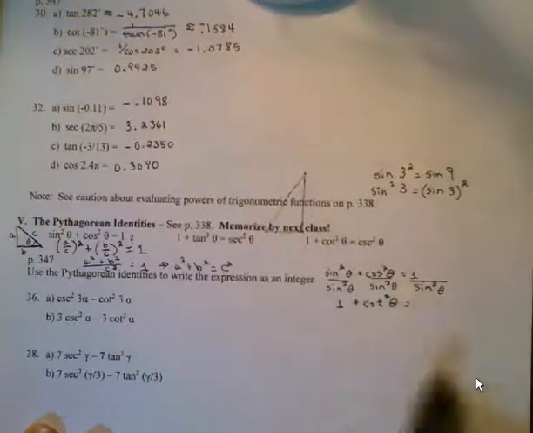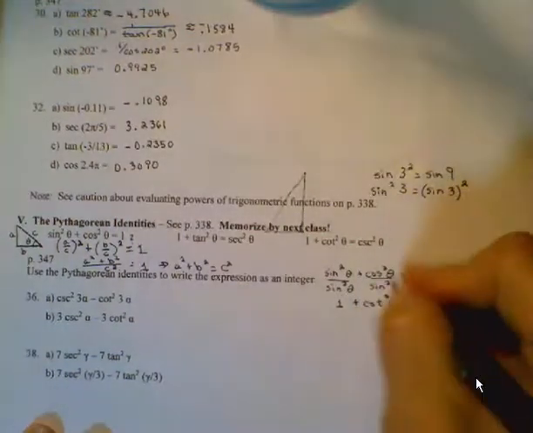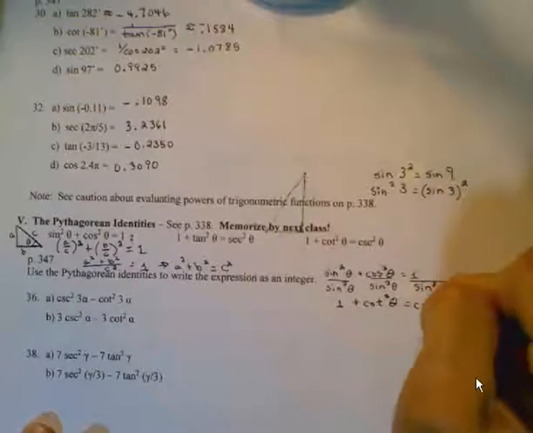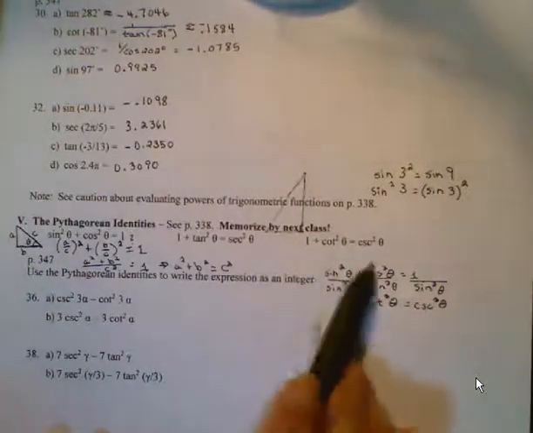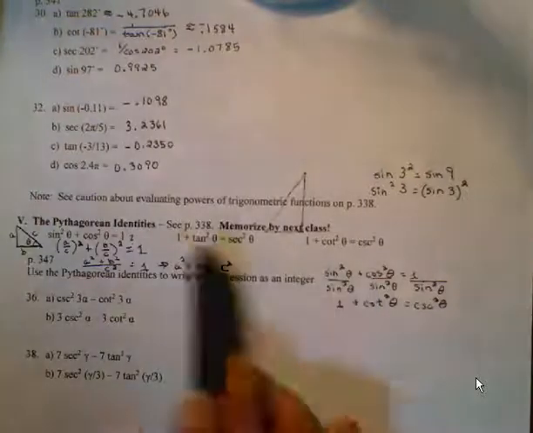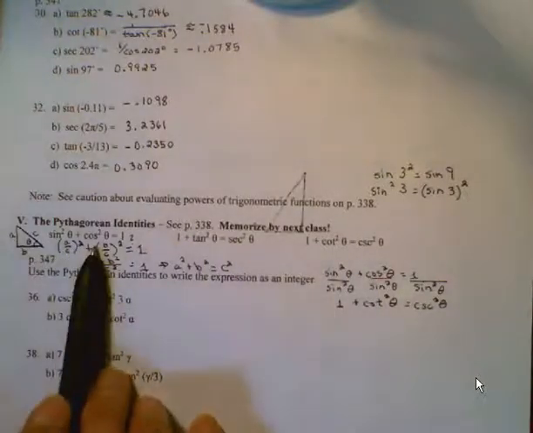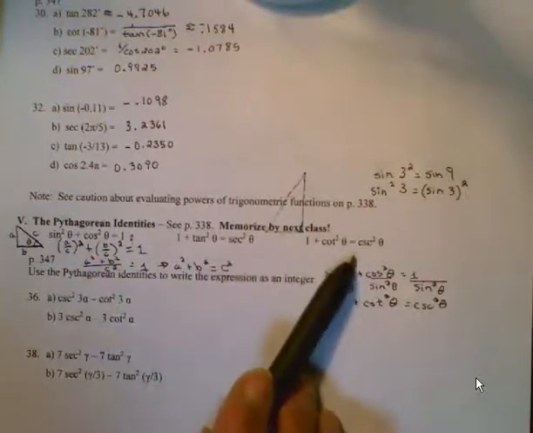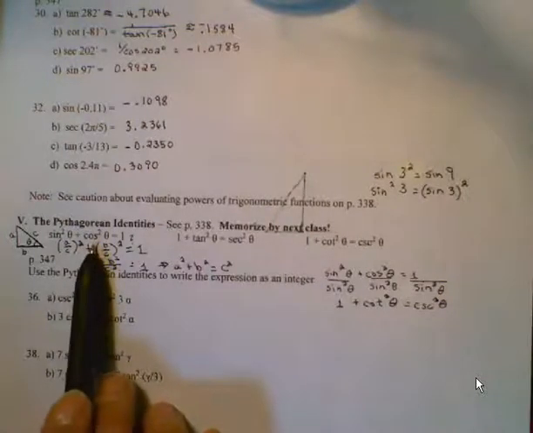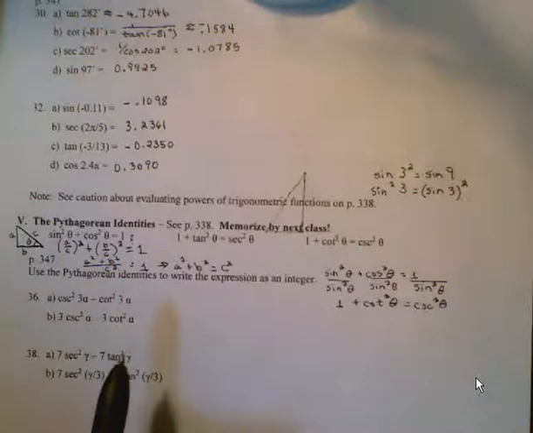And then the right-hand side, 1 over sine squared theta, is cosecant squared theta. And that's the third Pythagorean identity. If you just take the initial Pythagorean identity and divide both sides by sine squared, you get this one. If you divide both sides by cosine squared, you get this one.